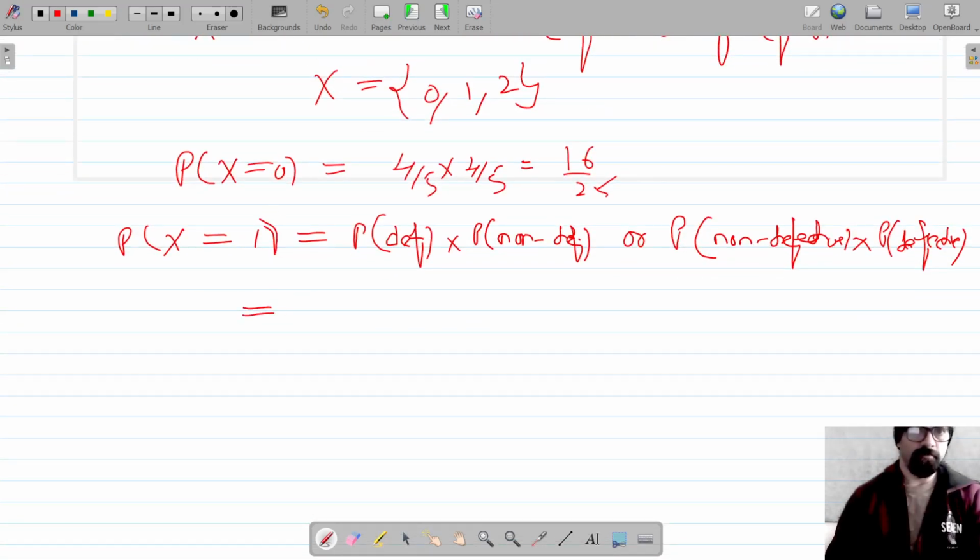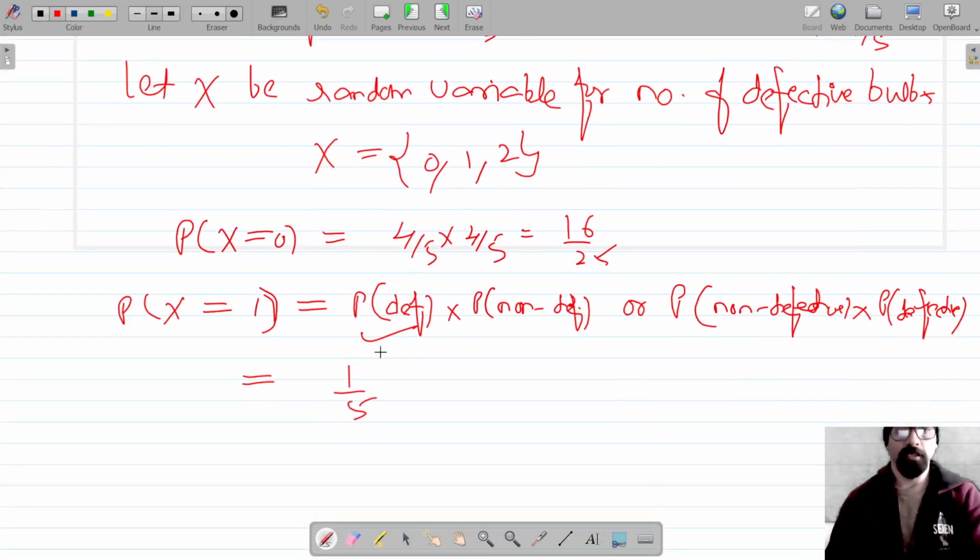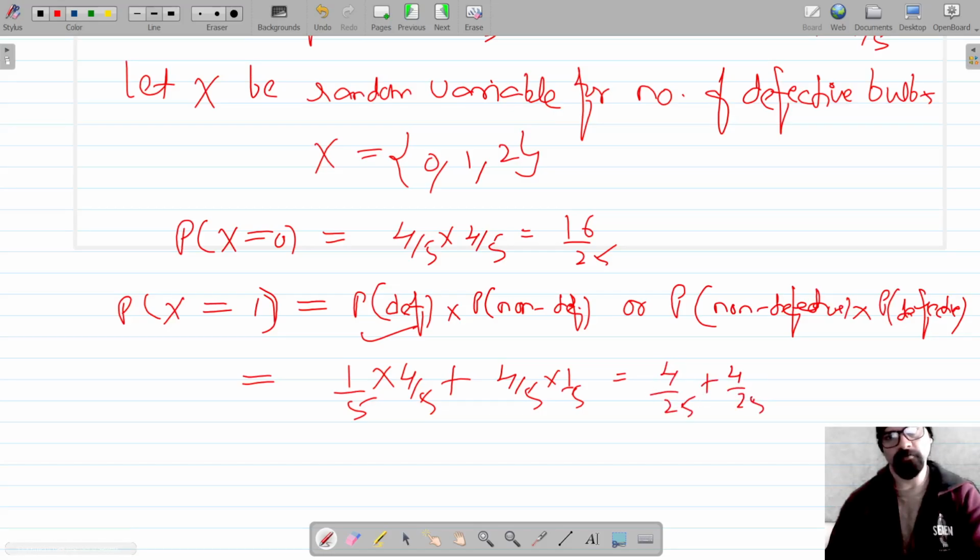Okay, so let's find out the probability of X equal to 1. So defective is 1 by 5 and non-defective is 4 by 5, plus non-defective is 4 by 5 into 1 by 5, which gives me 4 by 25 plus 4 by 25, which is equal to 8 by 25. So the probability that one bulb is defective is 8 by 25.